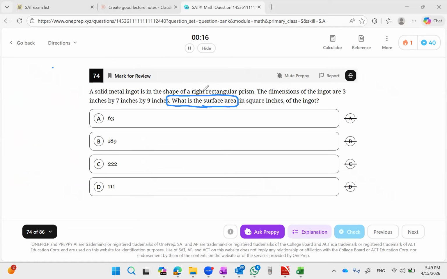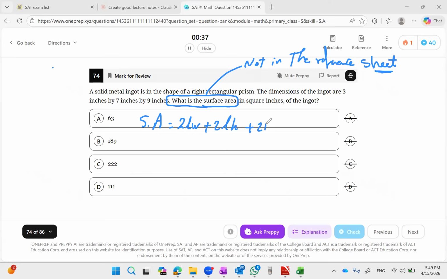As I said, the surface area is not in the reference sheet. So I can say that the surface area is 2 length by width, 2 length by height, and 2 width by height. Why is that? Because if you have a cuboid or a rectangular prism, this is the length, this is the width, and this is the height.